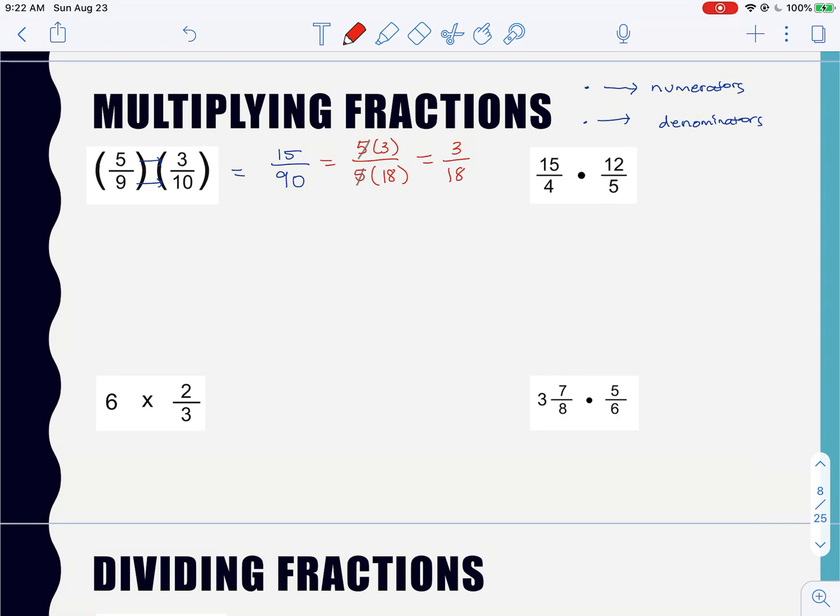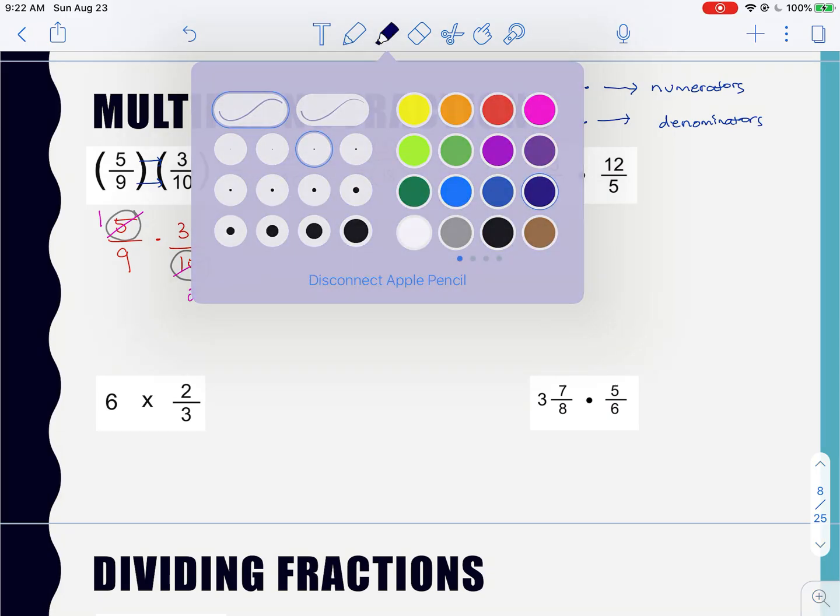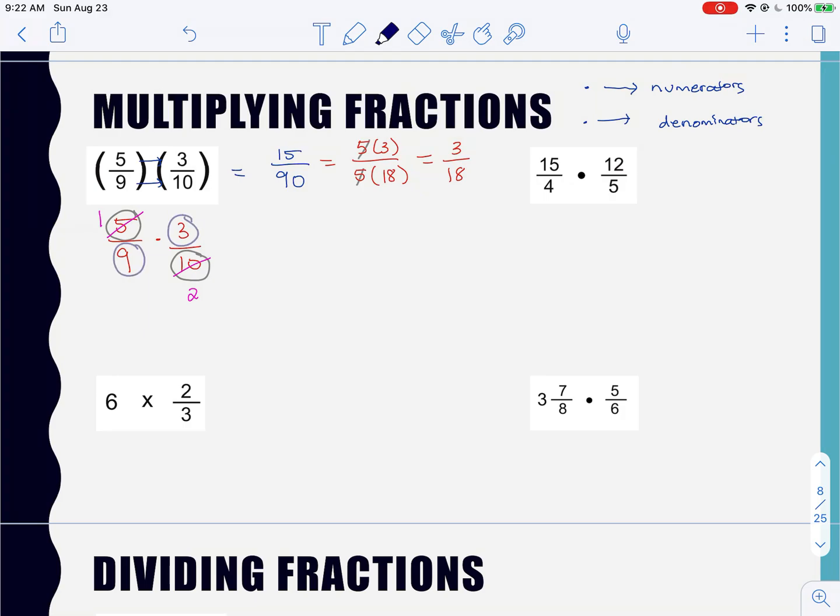If you want to reduce at the start of the problem, so this is 5 over 9 times 3 over 10, any numerator, when you're multiplying, can simplify with any denominator. So 5 over 10 can reduce. Both of these are divisible by 5. 5 divided by 5 is 1. 10 divided by 5 is 2. And then the other numerator and denominator pair can reduce.